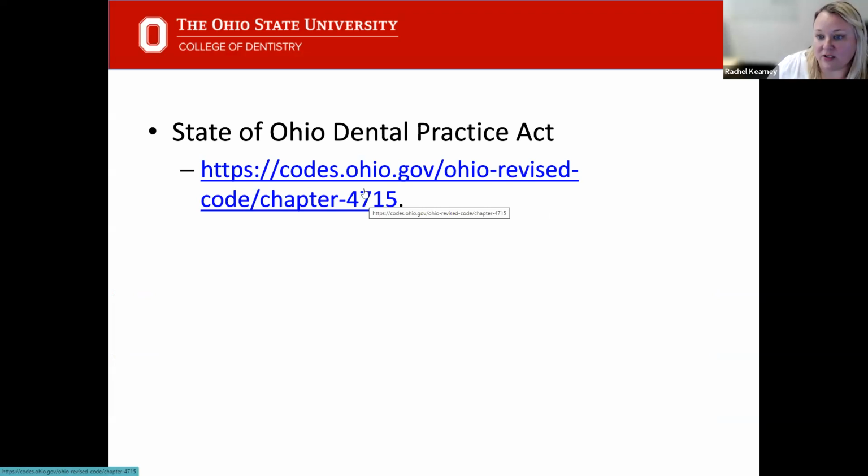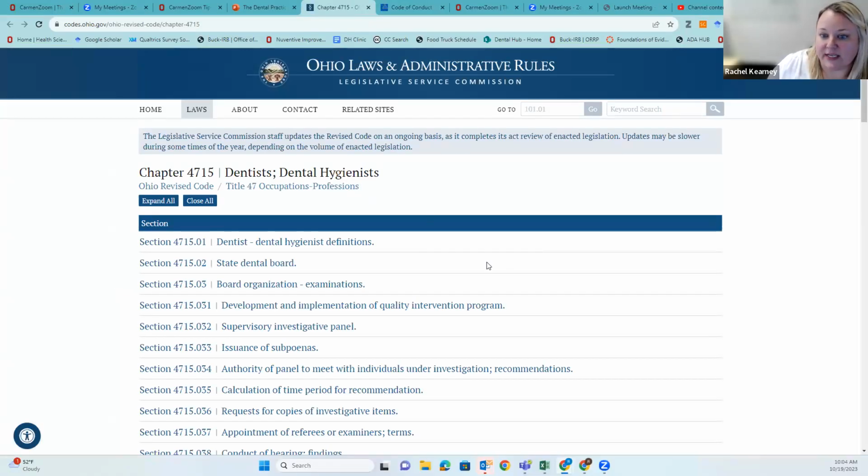The Ohio Revised Code is a document that you can see here. This is part of the Ohio legislative documentation and the laws in Ohio. You can see that chapter 4715 is related to dentists and dental hygienists.